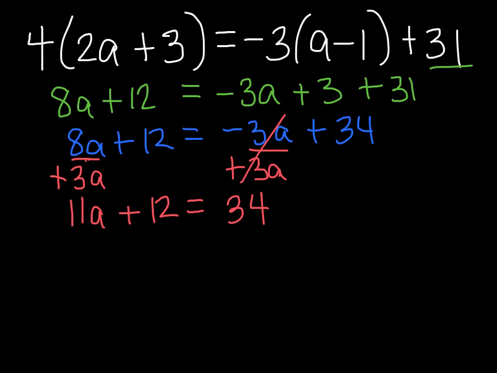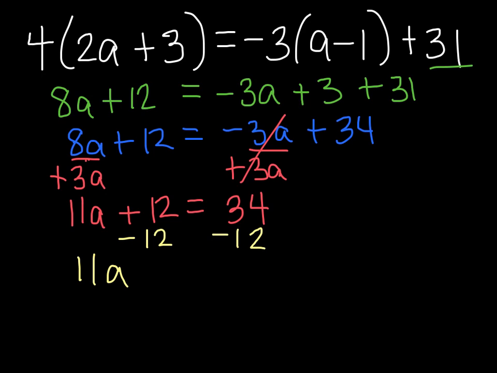Then my next step is going to be to isolate my variable. I want to get the a's just by themselves because I want to know what the value of 1a is. So I have to get rid of my 12 positives, and I'm going to do that by adding 12 negatives to each side.